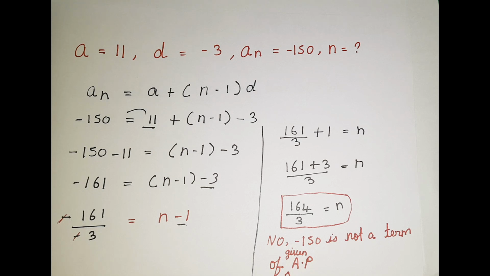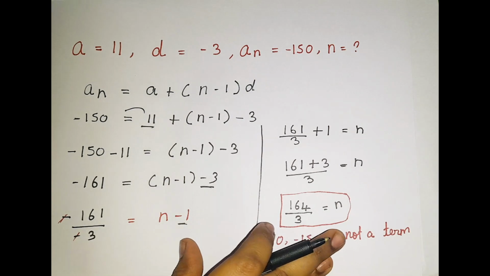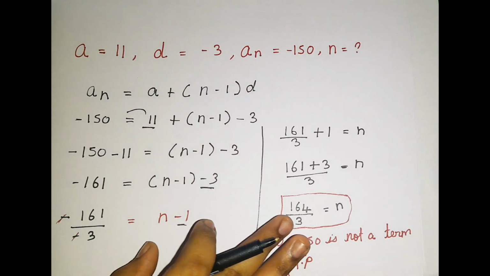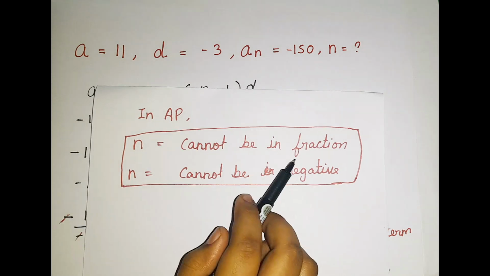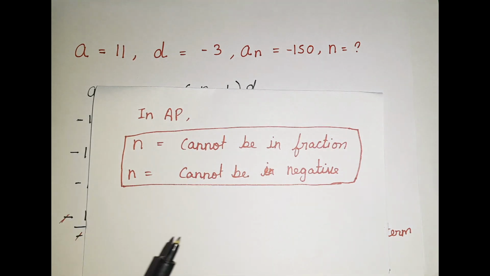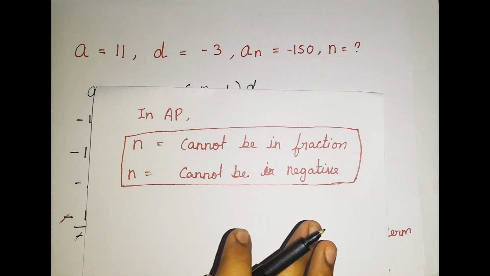But here we got a fraction, so I can say that it is not a term. Remember guys, whenever we get an n value in fraction or in negative form, then it is not a term in that particular AP. So this is the simple explanation.